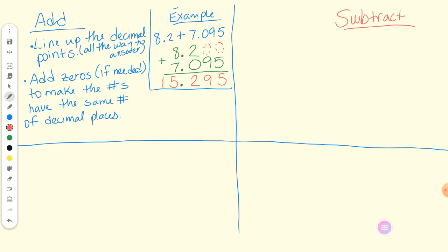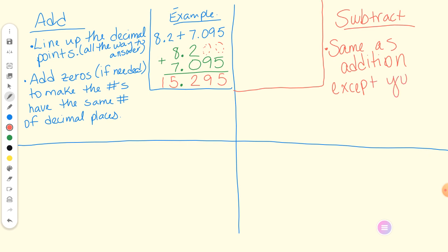Let's just write that. Same as addition, because there's an example box here, isn't there? Same as addition, except you subtract.